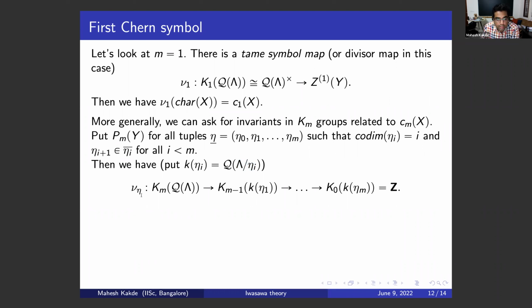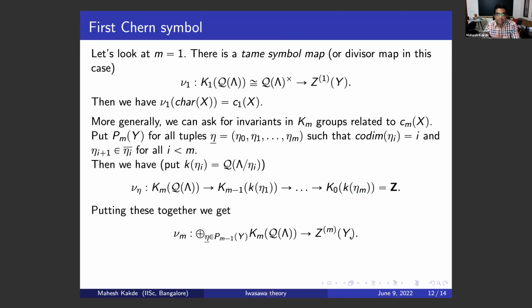So for any tuple eta underscore, I get tame symbol maps which keep going down with each eta I that I choose, and eventually the mth map will take you to K0 of something which is actually just Z, right?